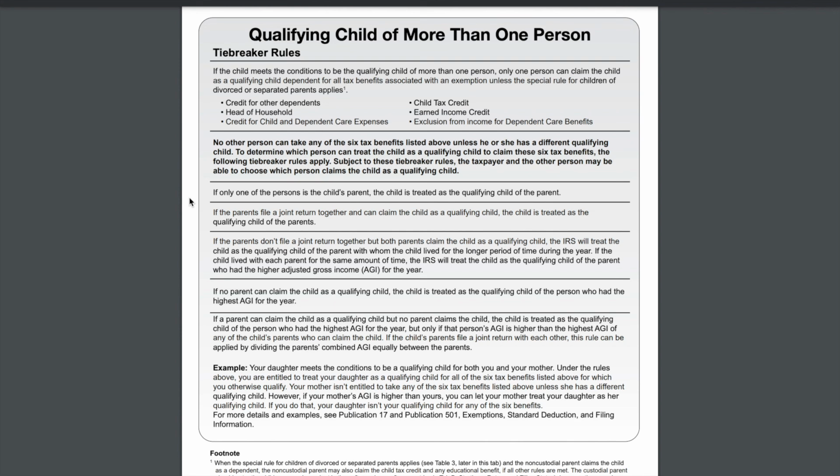There are some tiebreaker rules. And so I didn't want to put these on the slides, I think for obvious reasons, looking at them. If you're told that the qualifying child can be claimed by more than one person, you need to go through these rules. And when you go through these rules here, that will tell you who in fact is able to claim the child.